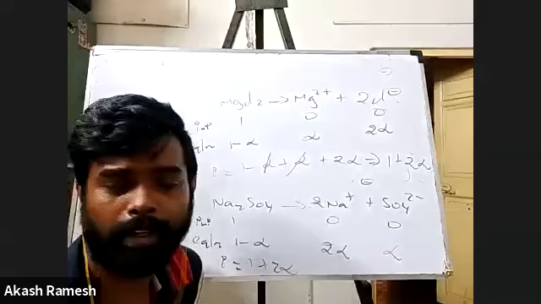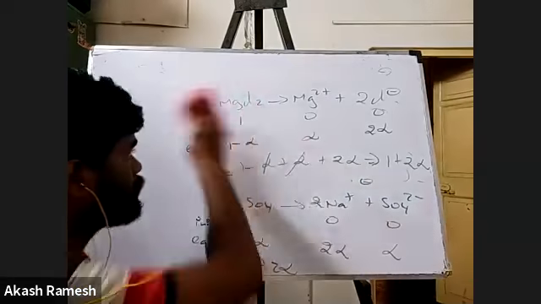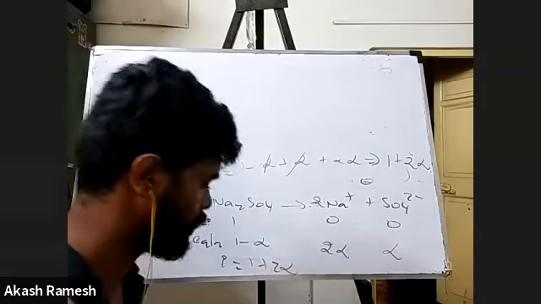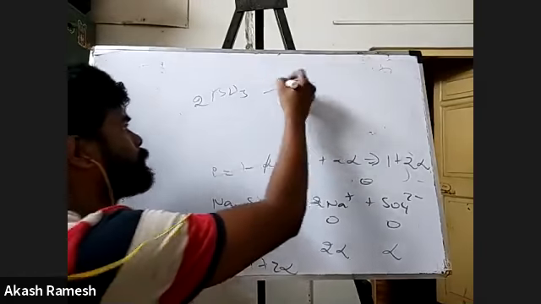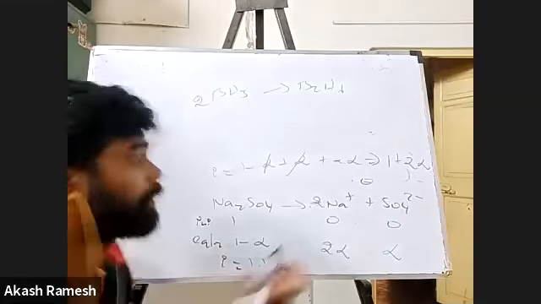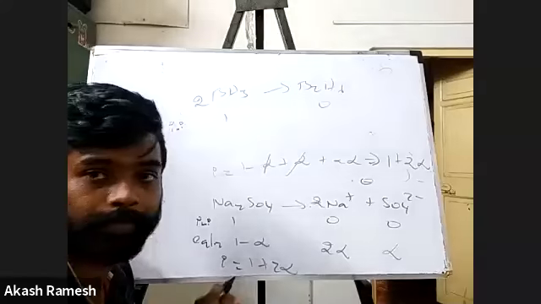Now we'll go for association. Say BH3, let's see what happens. I take 2 moles of BH3 becoming B2H6. Say initially 1 and 0.